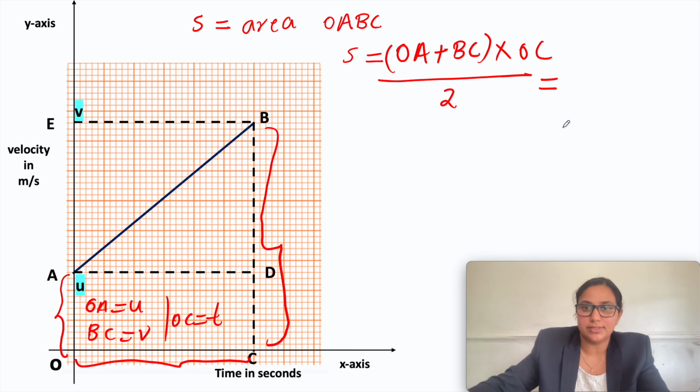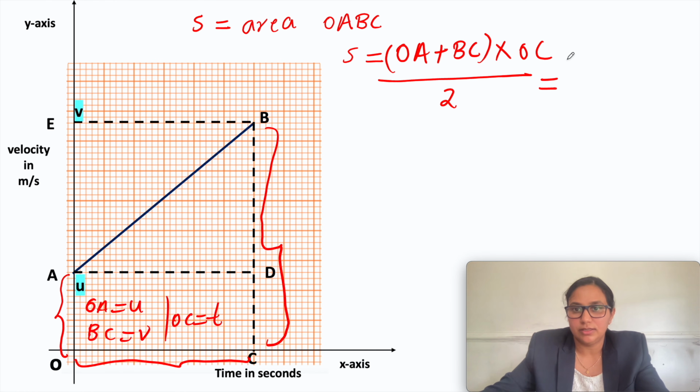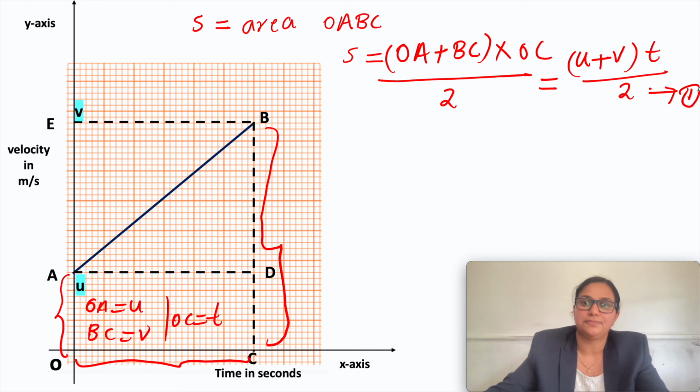Substituting these values, we have s = (u + v) × t / 2. Consider this as equation number 1.